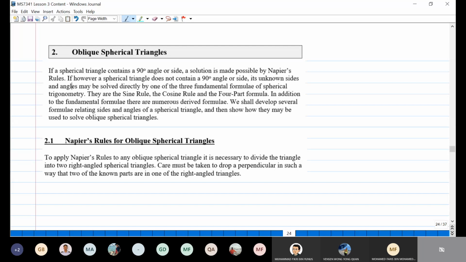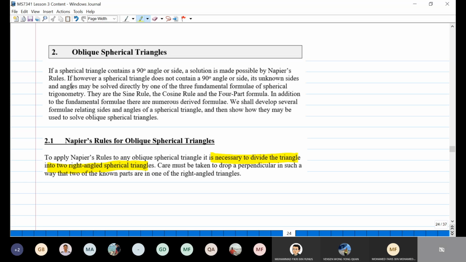Example 2 is an oblique spherical triangle. With Napier's rule, if you have an oblique spherical triangle, it means the angle is not 90 degrees. Then you must split the triangle so that you get two right angle spherical triangles.